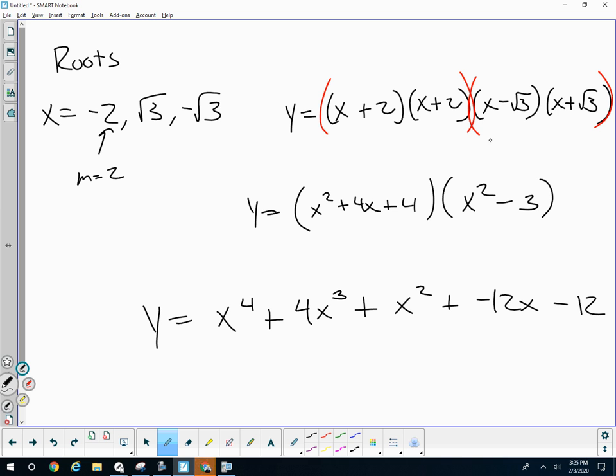Okay, if you multiply those two together, you get x squared plus root 3x minus root 3x minus 3. Root 3 times root 3 is just 3. The root 3x's cancel. That's how I get x squared minus 3. Did you get that? Here I get x squared plus 2x plus 2x plus 4.